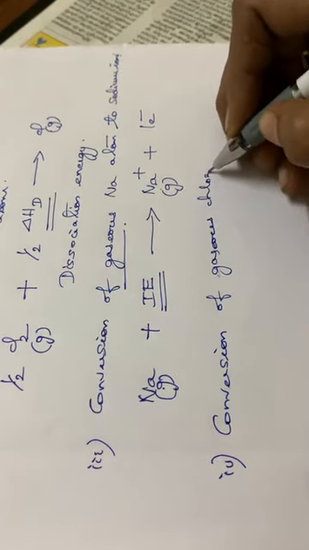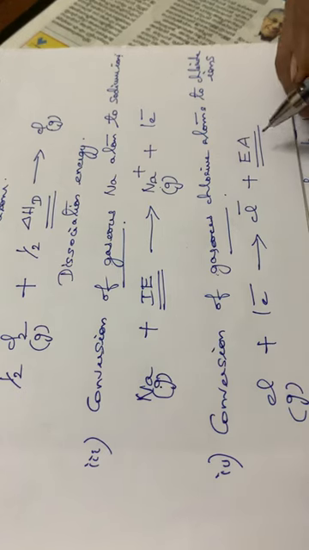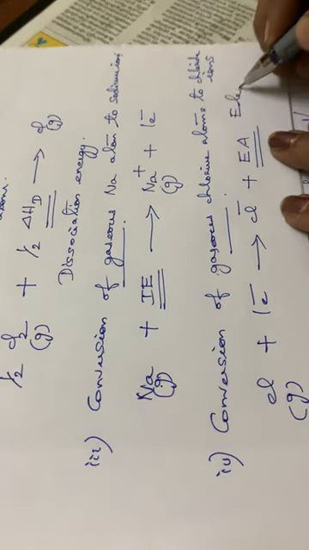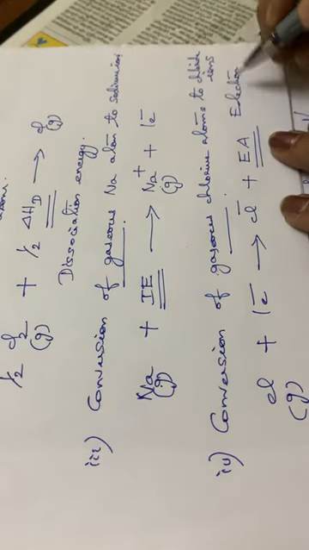Here the gaseous chlorine atom, Cl in the gaseous form, plus 1 electron. On the addition of 1 electron, it will be converted to Cl-. The energy used for the conversion is the electron affinity, EA, or the electron gain enthalpy.